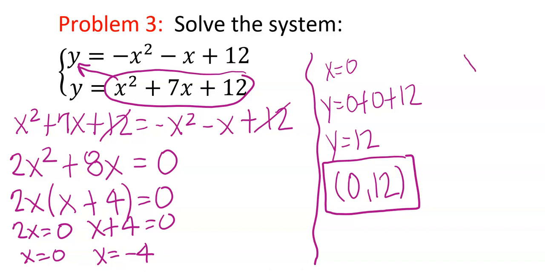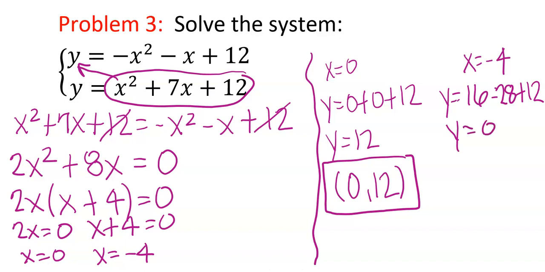Then I also have to plug in a negative 4. So that would be 16 minus 28 plus 12. That is 0.